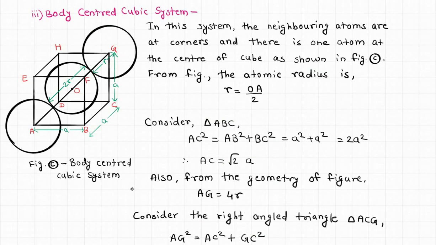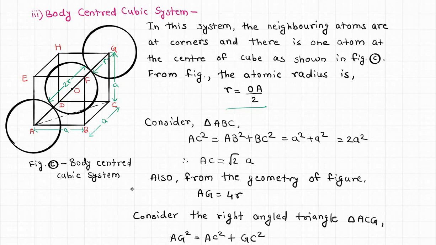Next one is the body-centered cubic system. In the body-centered cubic system, the neighboring atoms are at the corners and there is one atom at the center of the cube, as shown in figure C. From the figure, the atomic radius R is equal to OA by 2. Now, consider triangle ABC.